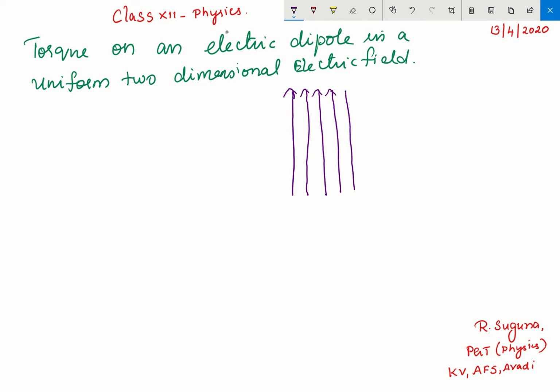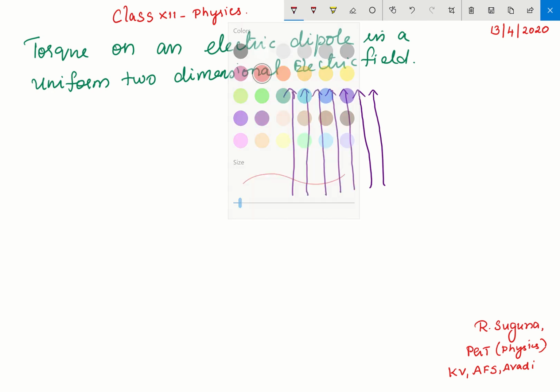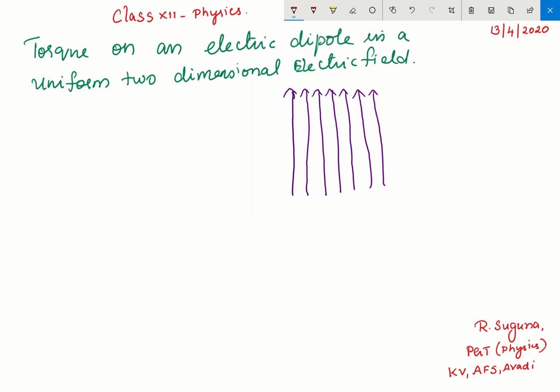Now I am going to keep a dipole here. How am I going to keep it? I am going to keep the dipole AB such that it is inclined.